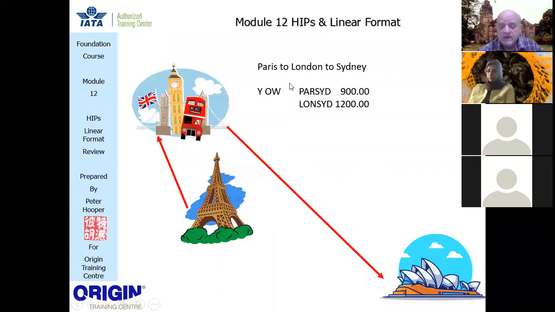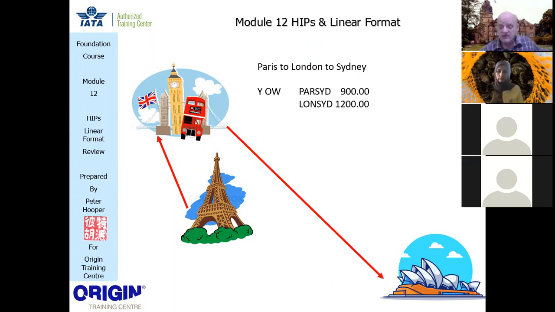So here's your fares, Paris to London to Sydney. We would charge the fare Paris to Sydney, which is 900. But what if London to Sydney is 1,200?